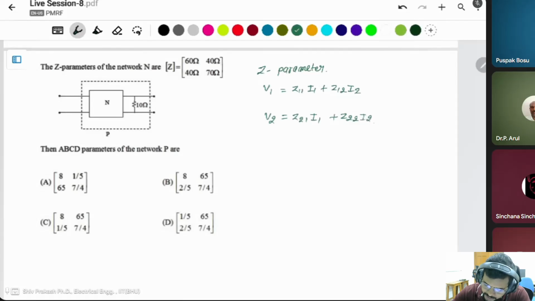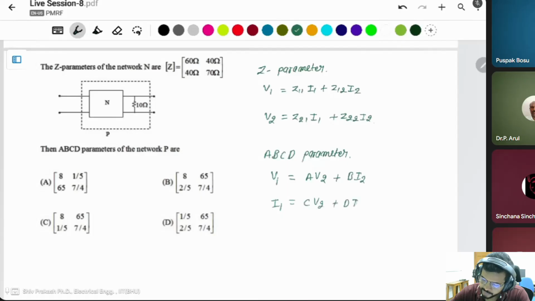The other parameter is the ABCD parameter or transmission parameter. You know this equation between V1, I1 and V2, I2: V1 equals A V2 plus B I2, and I1 equals C V2 plus D I2.